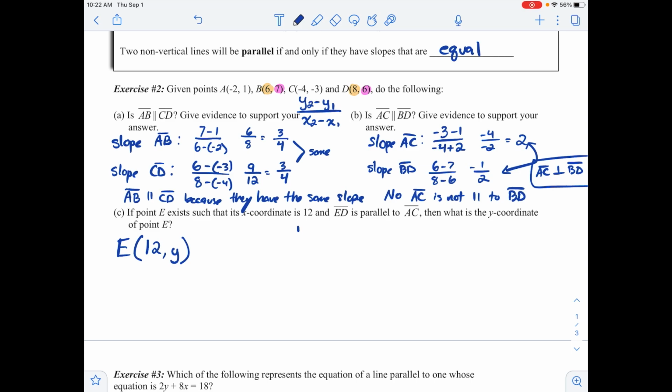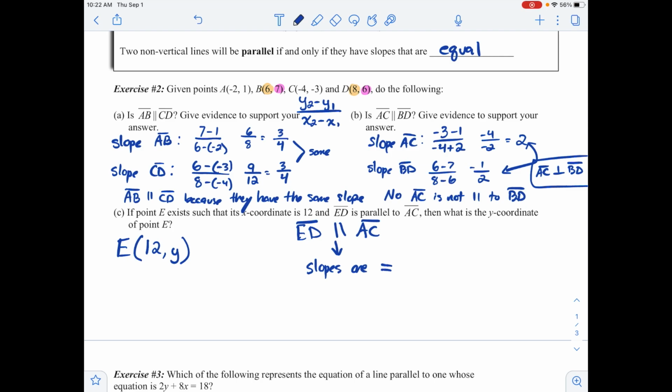So they tell us here that ED is parallel to AC. So you have to ask yourself, what does it mean if the lines are parallel? If we know that ED is parallel to AC, then that must mean that their slopes are equal.